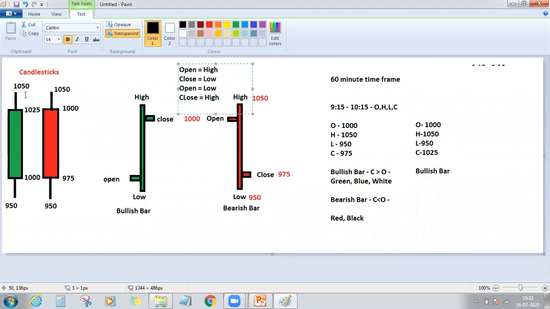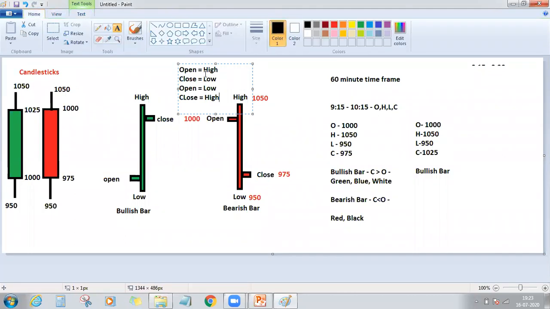Then in that case, in any of the candlesticks you pick out, this top line won't be there. This vertical line on the top, because both of the prices are the same. This is the open price and this is the high price. Here both are different. One is 1050 and the other is 1000. And if we were to draw this type of candlestick, open is equal to high, how will it look like? There will be only a lower shadow.